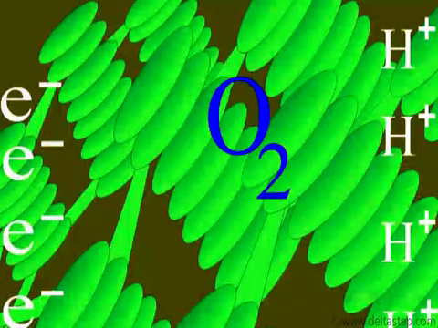Now 4 hydroxyl ions liberate electrons and form 4 hydroxide molecules. These form 2 molecules of water and 1 molecule of oxygen, which is required for breathing.